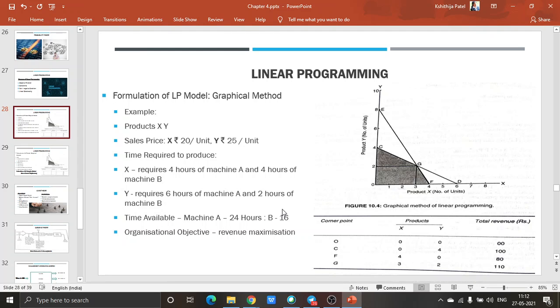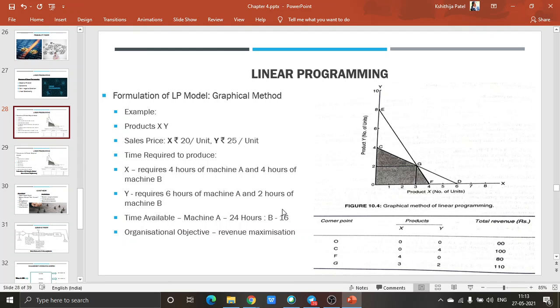So, what is the main objective here? We'll have to speak about the objective function or the main function. According to this question, what is the main function or main objective? If we have to represent this particular problem as a mathematical formula, we should be able to speak about the relationship between the output and the revenue.